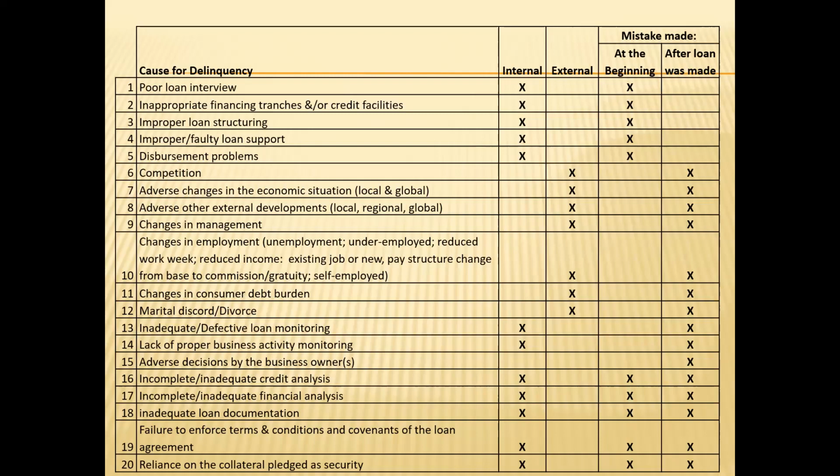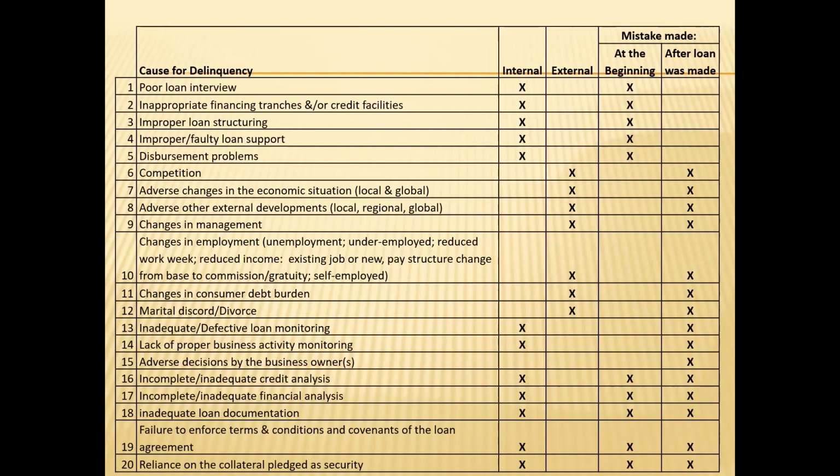That's after the loan was made. Number 10 is changes in employment, that is unemployment, underemployment, reduced work week, reduced income, existing or new job, pay structure change from base salary to commission or gratuity, or the person is now self-employed. Okay, that's an external issue that happened after the loan was made.